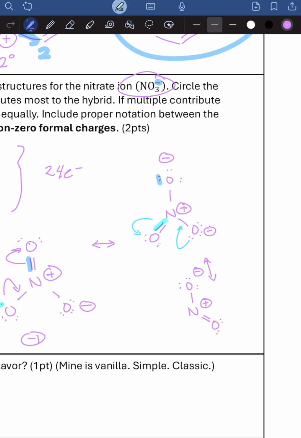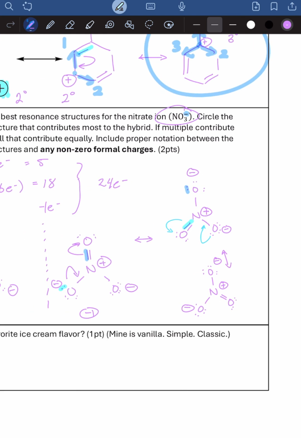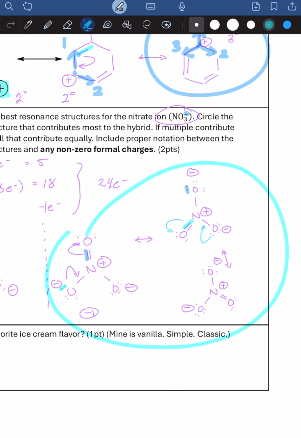Positive charge on the nitrogen, negative charge right here. So if you guys notice, all of these resonance structures look pretty much identical, and these are the best resonance structures, and because they are identical, all 3 of them contribute equally to the resonance hybrid.